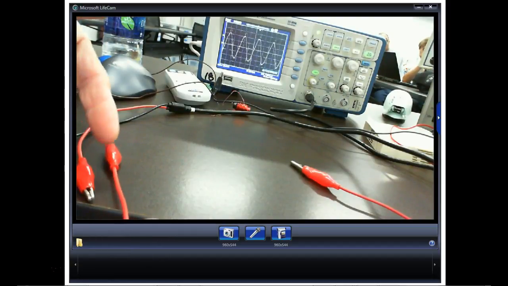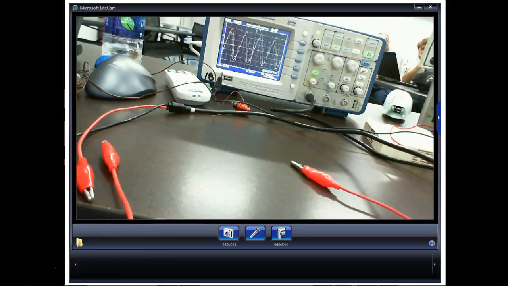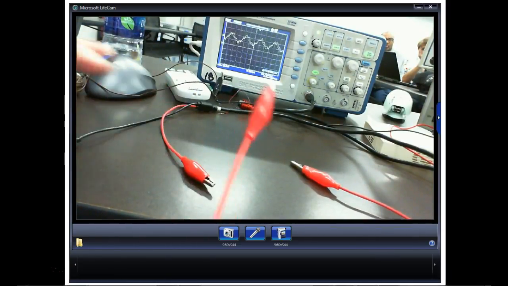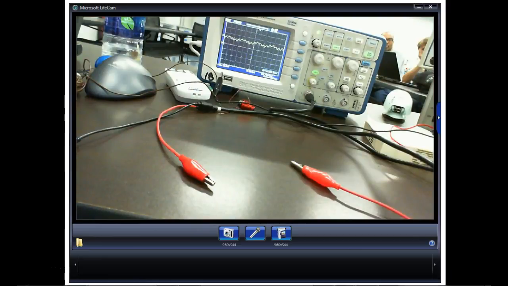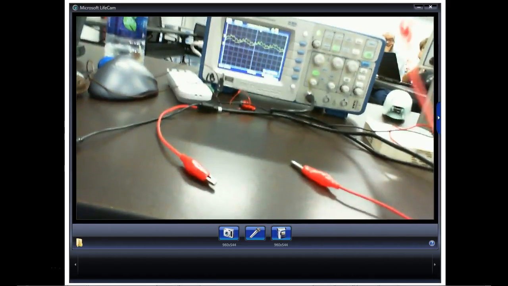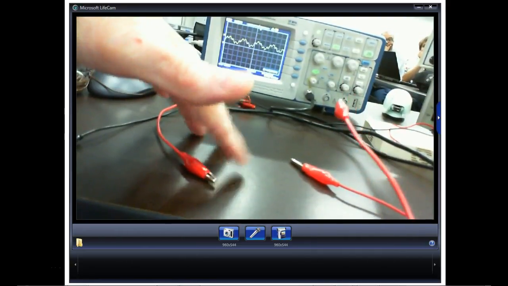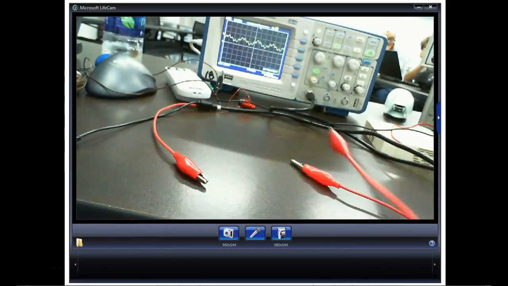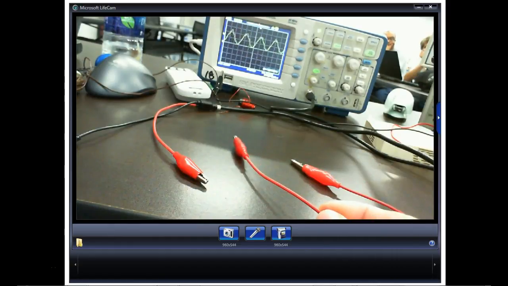So how am I getting my voltage from this guy to that guy? We're not getting it through induction, because if I was, I would have to have a coil of wire. What I'm doing is making a capacitor. Here's my insulator. Here's one conductor. We call these plates. Here's my other conductor, and I'm going to bring it close.